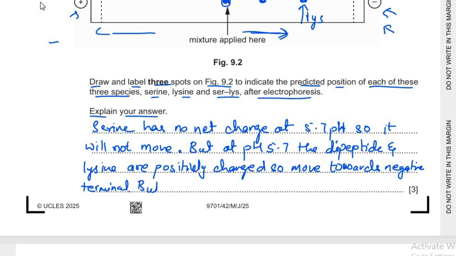But the dipeptide, that is serine lysine, has a higher Mr, or you can even write has a higher mass, so it moves slower, or you can even write less distance.